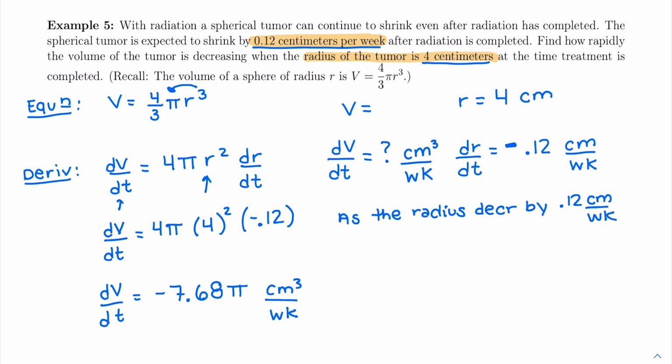So as the radius is decreasing by 0.12 centimeters per week, that doesn't sound like a whole lot, but the related rate is that the volume, you got a negative answer, is decreasing by 7.68 pi cubic centimeters per week.